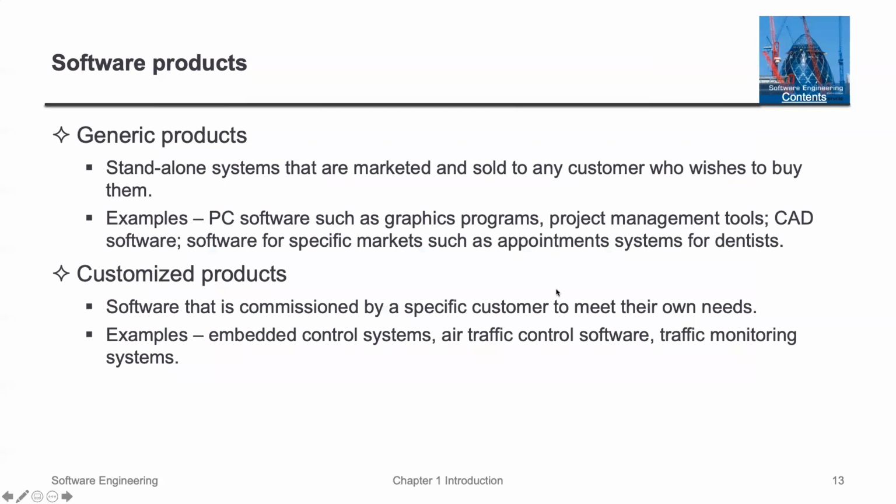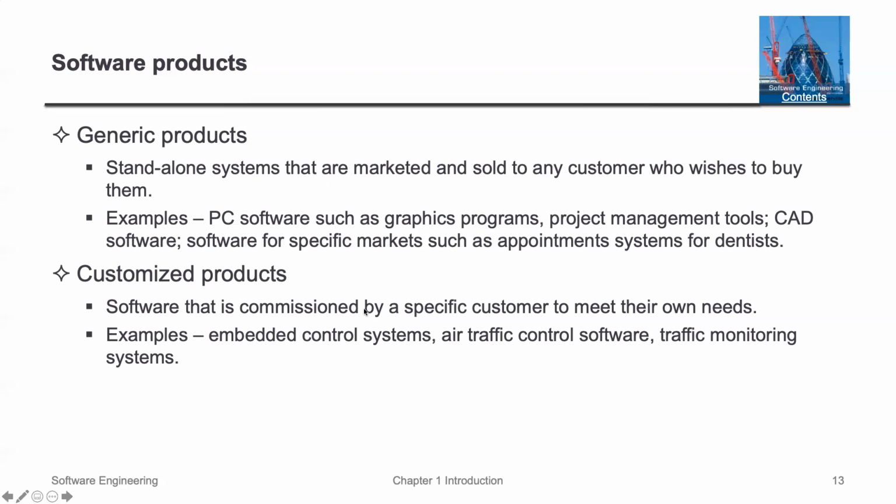In terms of products, we can think of a couple types of groups. First is generic products. These would be standalone systems that are marketed and sold to any customer who wishes to buy them. Examples would be personal computer software, such as graphic programs, project management tools, CAD software, and software for specific markets, such as appointment systems for dentists. So that's one type of software. Then customized is where you're working with a customer and you give them what they need that's going to fill that niche.